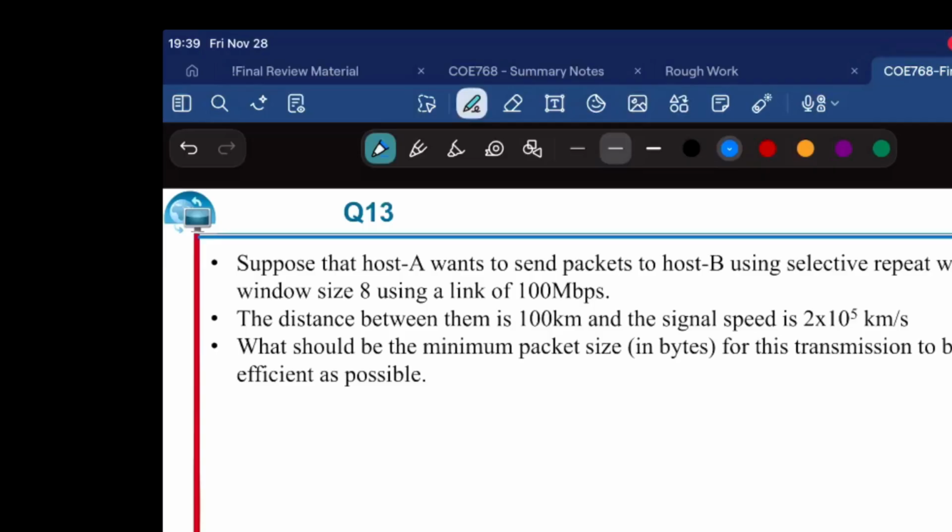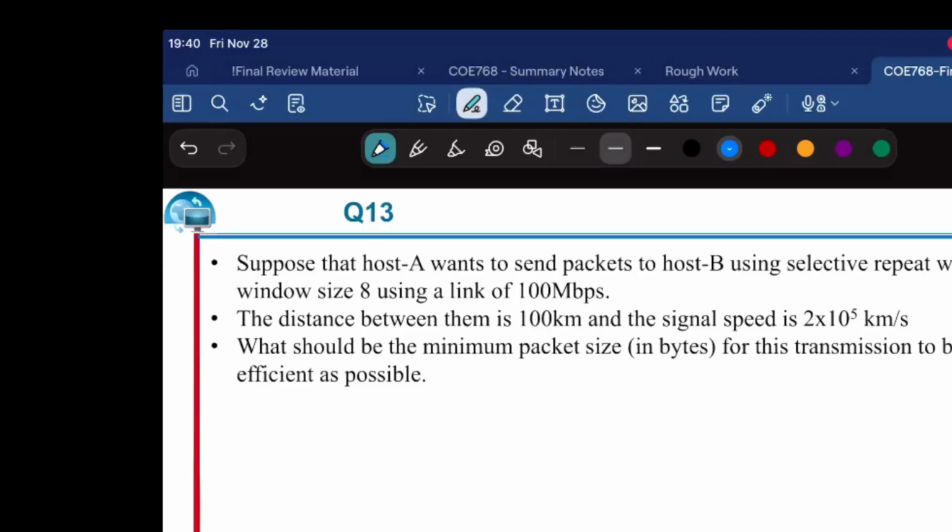The distance between the two of them is 100 kilometers, and the signal speed is 2 times 10 to the power 5 kilometers per second. When I get this kind of question, what we're trying to find is the minimum packet size in bytes for transmission to be as efficient as possible.